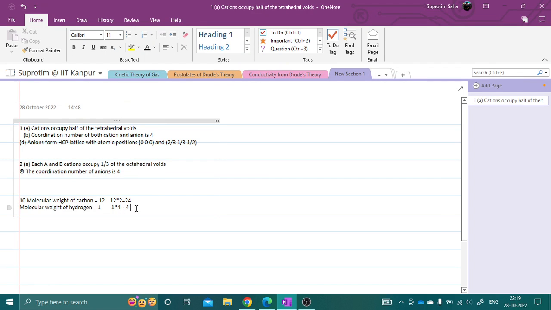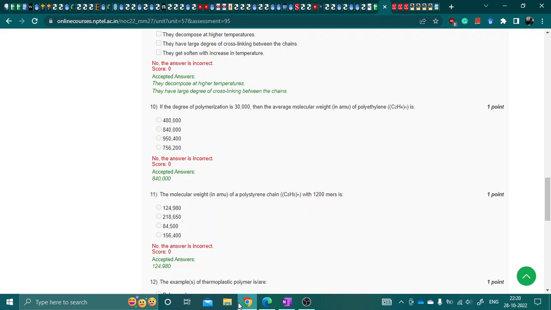So in total, 24 plus 4 is 28, and you are asked that the degree of polymerization is 30,000.